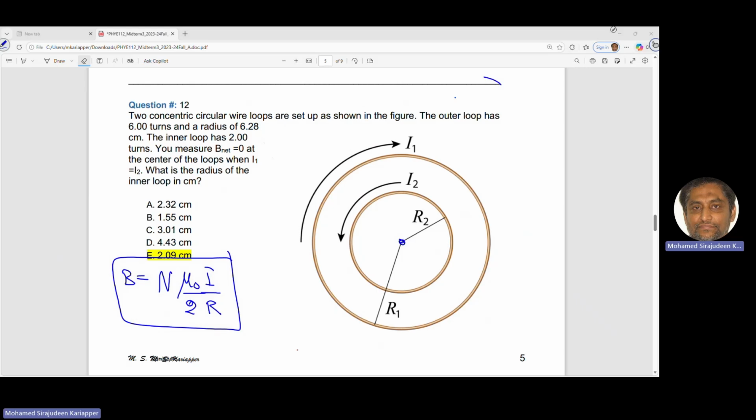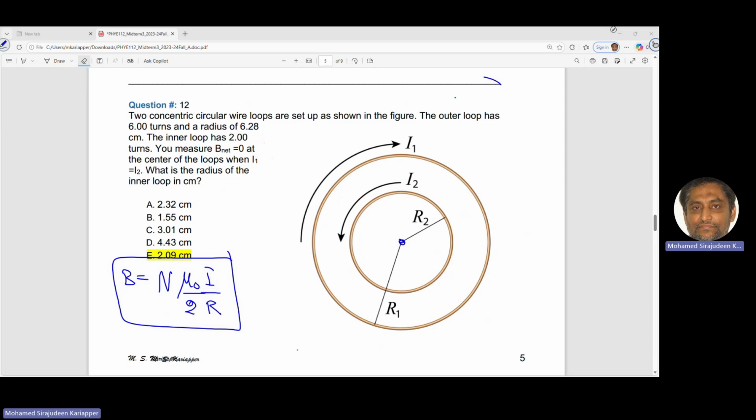Now, both of these loops will have a magnetic field at the center which will be perpendicular to the board. If it is clockwise, it will be in. If it is counterclockwise, it will be out. So I1 will give you a magnetic field which is into the board.